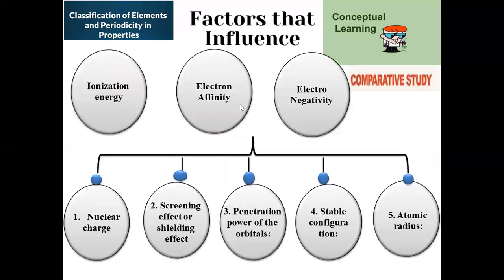Let us see the parameters showing impact on all these three periodic trends: ionization energy, electron affinity, and electronegativity. They are nuclear charge, screening effect, also known as shielding effect, penetration power of the orbital, stable configuration, and atomic radius. The same parameters can be extended to electron affinity and electronegativity also, because all are repetitions of the properties in the periodic table.